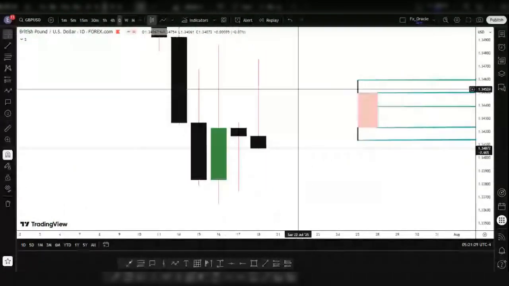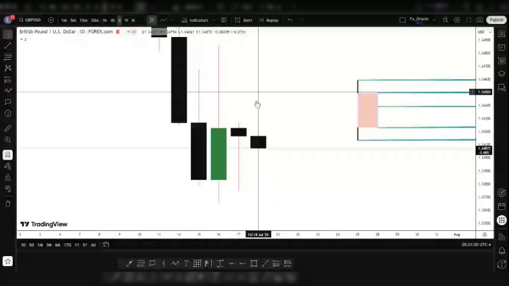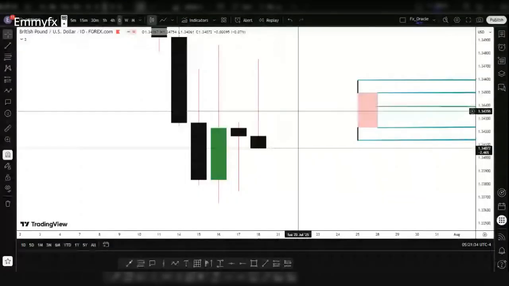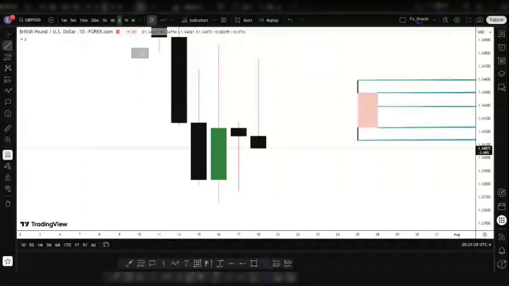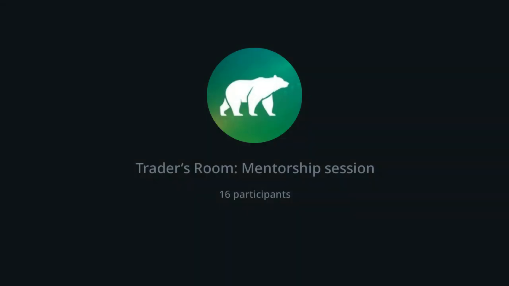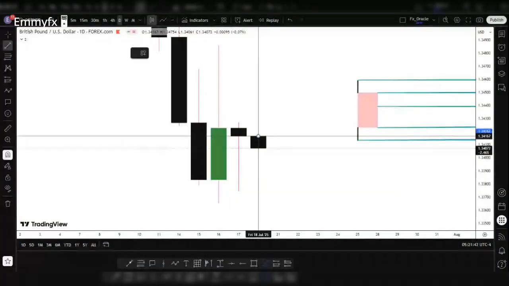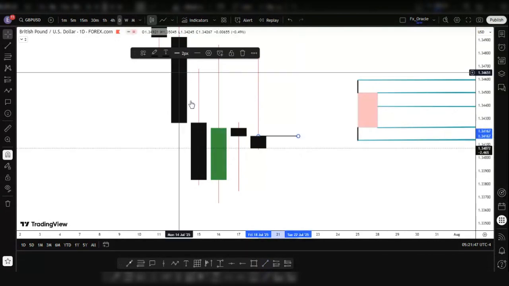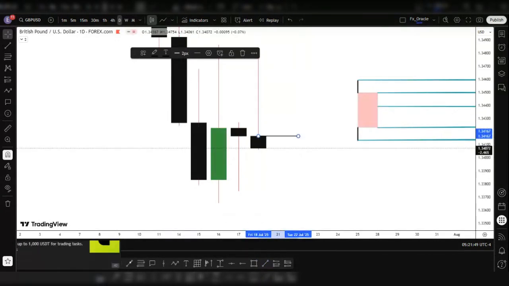This is the last candle on GBPUSD on Friday, yesterday. So like I said, you must take note of the opening price of that candle. That's the opening price. So what do we have next? This is the closing price.